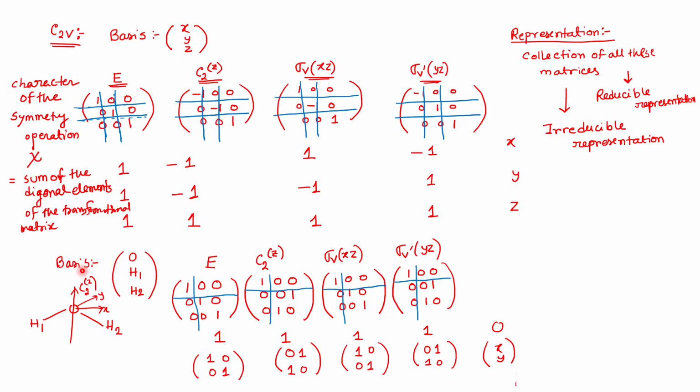Now suppose I am asking you to think of p orbitals. For H2O, what do you think? For hydrogen, do any p orbitals exist? No. What if it is in an excited state? Then it may.